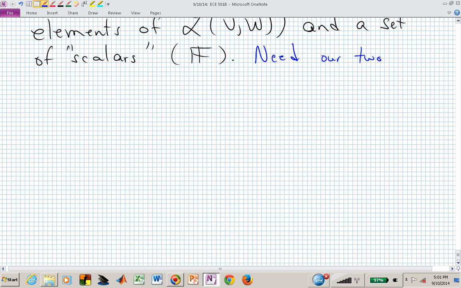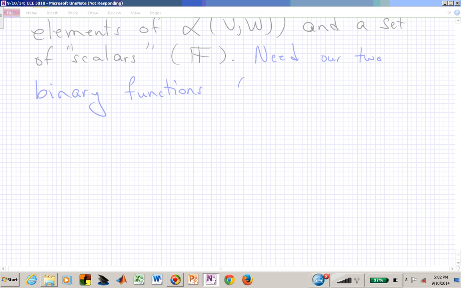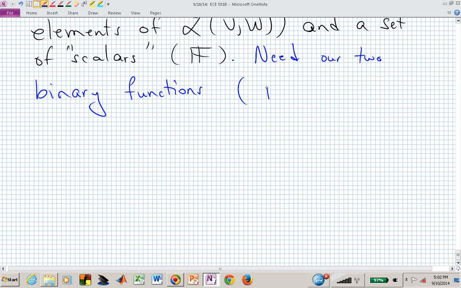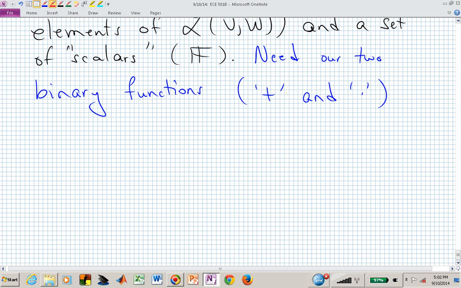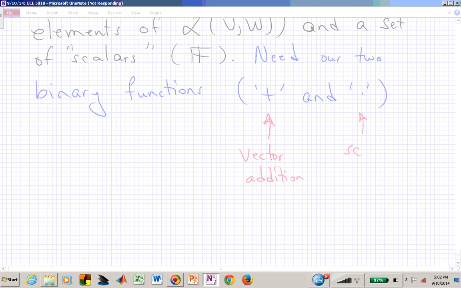So we need our two binary functions, let's say plus and multiplication, where this plus is our vector addition, and this multiplication is our scalar multiplication.